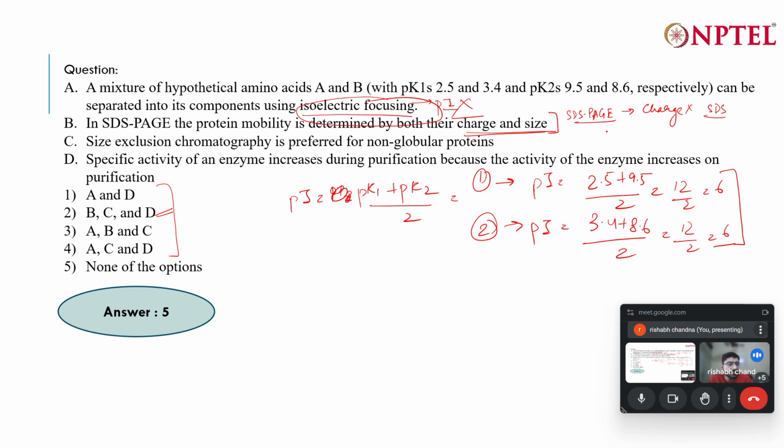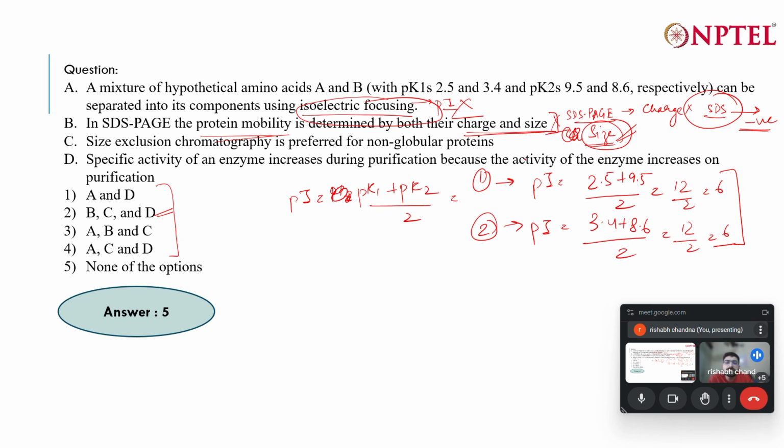So the inherent charge of the protein is masked by SDS, which provides the negative charge, and the proteins are separated based only on their size. The protein mobility depends mostly on their size rather than their charge. So this option also goes wrong.